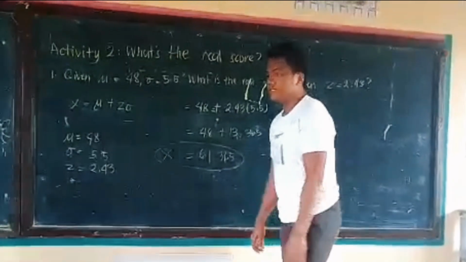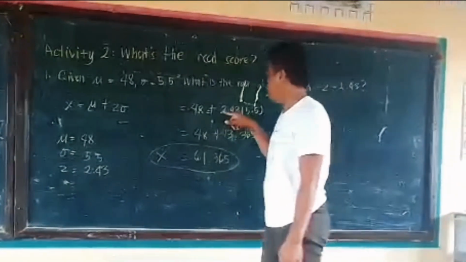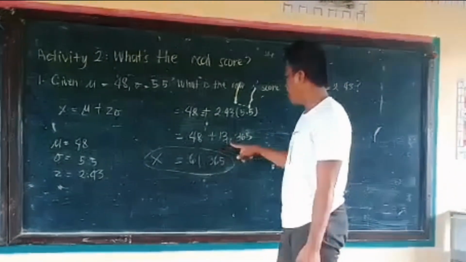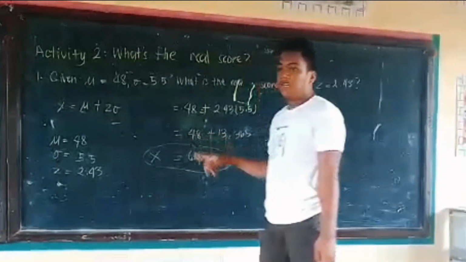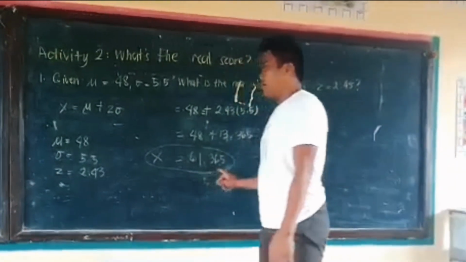The next step is to substitute the given values, where 2.43 times 5.5 is equal to 13.365, plus 48. That's why we get the final answer, 61.365.